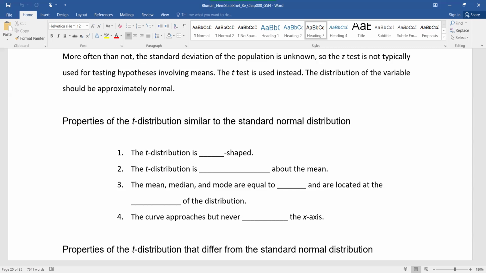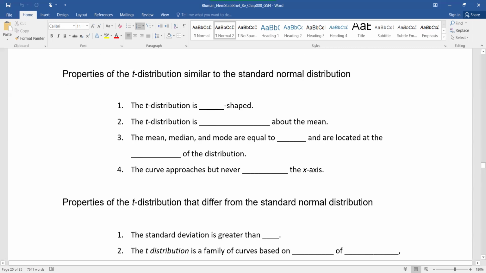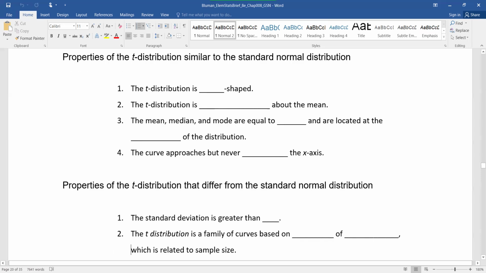The distribution of the variable should be approximately normal. And properties of this t-distribution, similar to the standard normal distribution, are as follows. The t-distribution is bell-shaped. Very good. The t-distribution is symmetric about the mean.